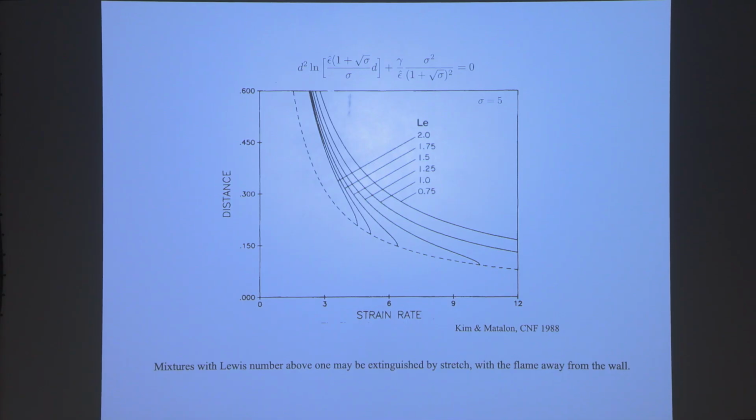But what happens when the Lewis number is sufficiently large? You increase the strain rate, the flame comes close to the wall, and at a finite distance from the wall, it gets extinguished. And this has been observed experimentally.